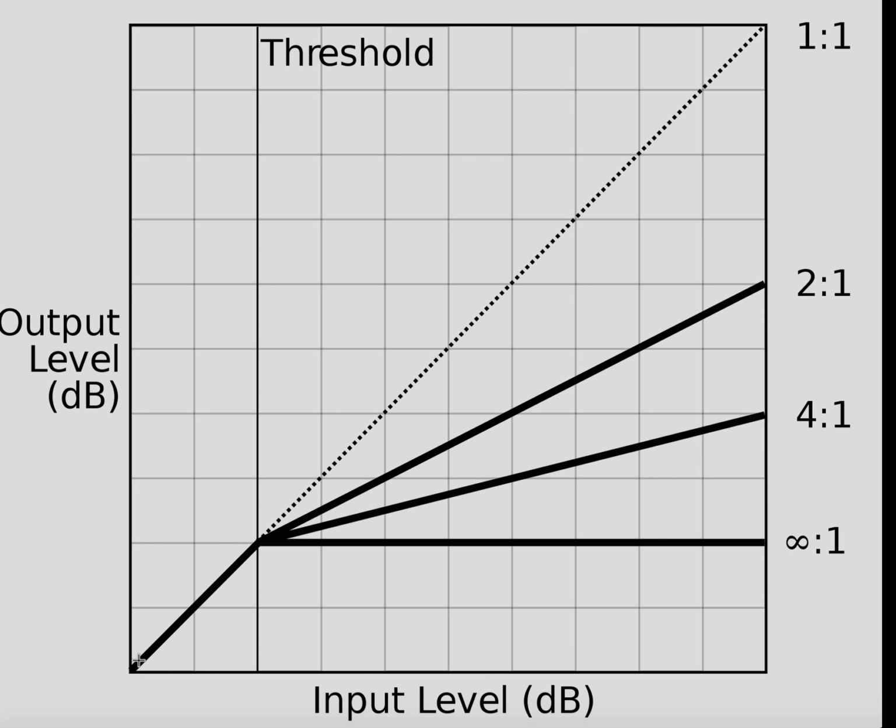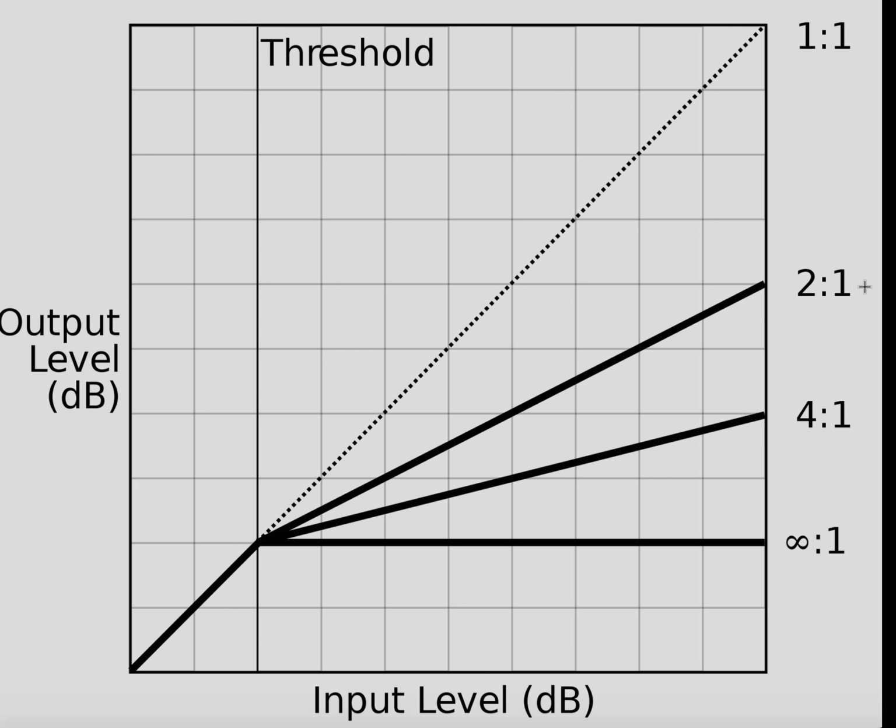So that represents a 1-to-1 compression ratio. In other words, the amount of compression I'm applying is 1 decibel, or minus 1 decibel. No, actually it's 1 decibel per 1 decibel of input level. So 1 decibel of output level to 1 decibel of input level. A 1-to-1 compression curve, or in other words, no compression at all. Okay?